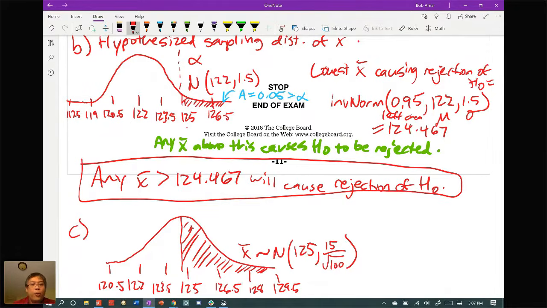Here we are told the null hypothesis is false. So the shaded area you see here is the probability that we get the question right. The area to the left is beta, the probability of a type 2 error.